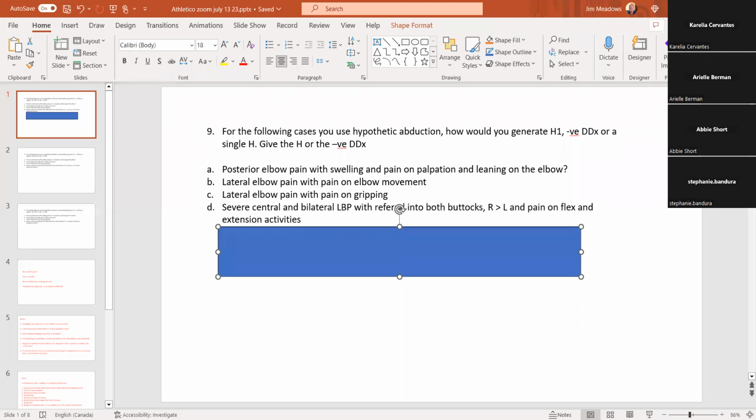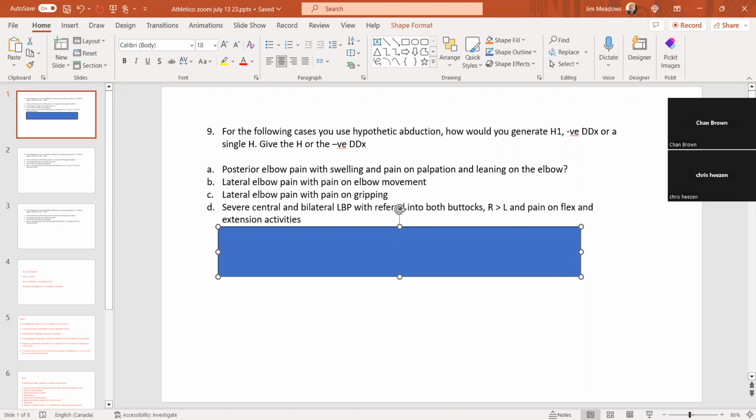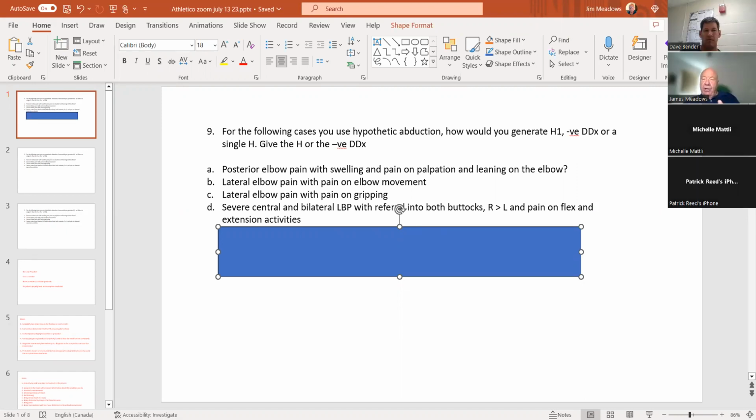But what you've got to do here, if you're going with a single hypothesis, even though it's fairly straightforward like this, you must do error correction, errors and bias and error correction, so that you still end up doing differential diagnosis. Either way you do this, there's very little chance of you getting this wrong because of bias.